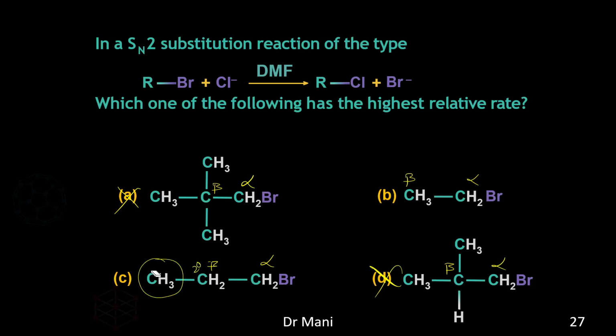So it's not option C, it's option B. Understood why I'm going with option B, not option C? We studied that primary is more reactive than secondary, which is more than tertiary. If the alpha carbon is the same, then you go with the beta carbon. If the beta carbon is also the same, then you go with the delta carbons.